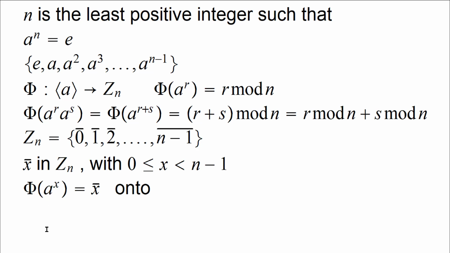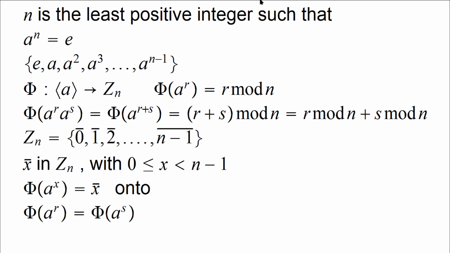Now for the one-to-one, what we have to do is take a to the r and a to the s, and let phi of a to the r equal phi of a to the s.